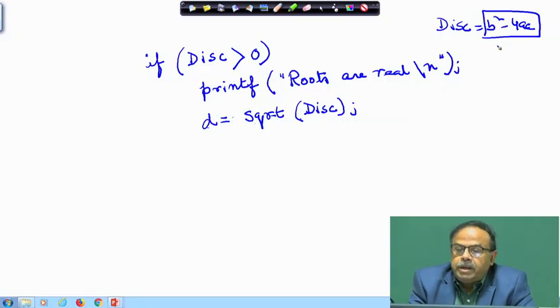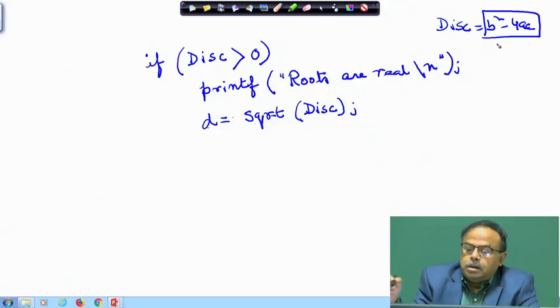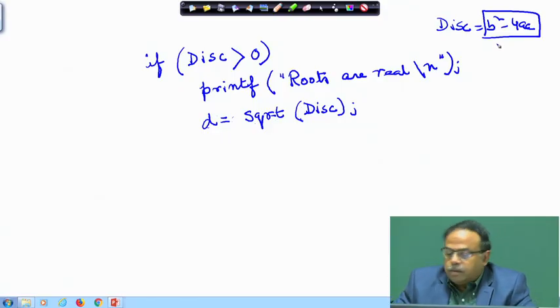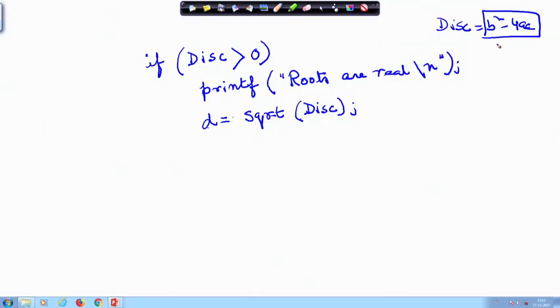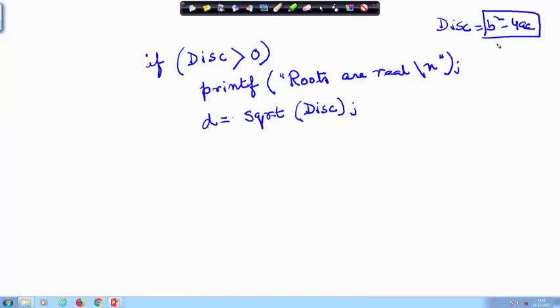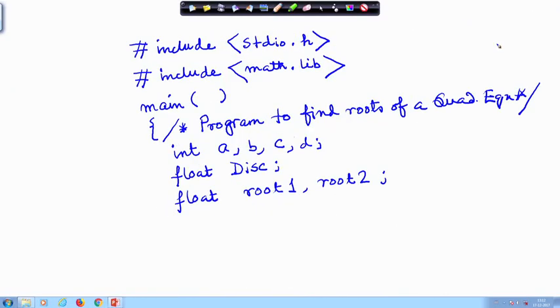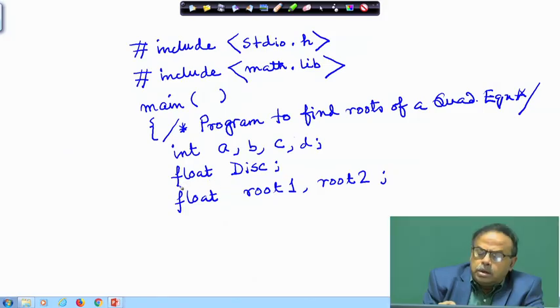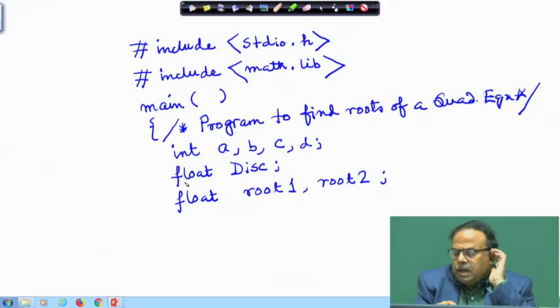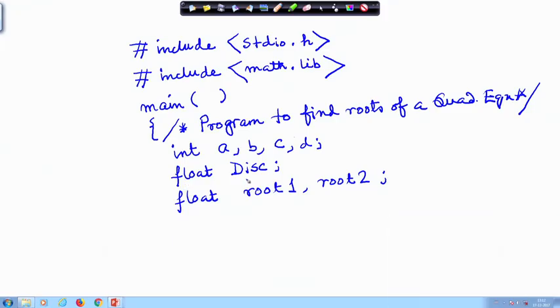So, this discriminant can be an integer, but when I take the square root of that, it can be a float, right. And also here I have already declared, if you look at, I somehow declared disk as float, but since a, b, c are integers, then this will also be an integer.